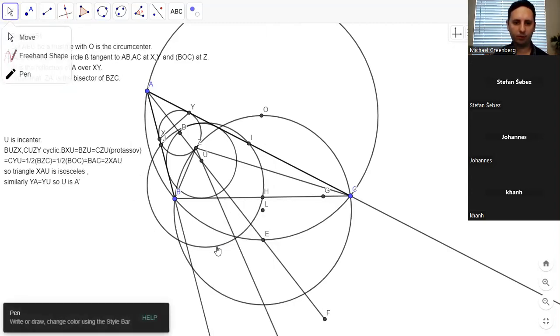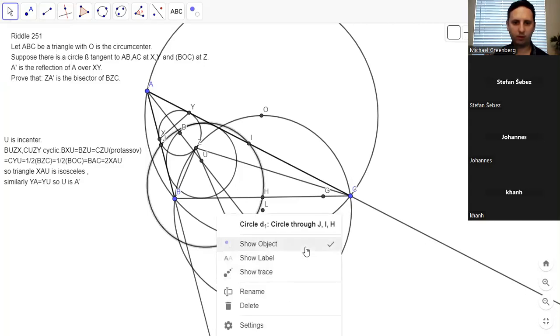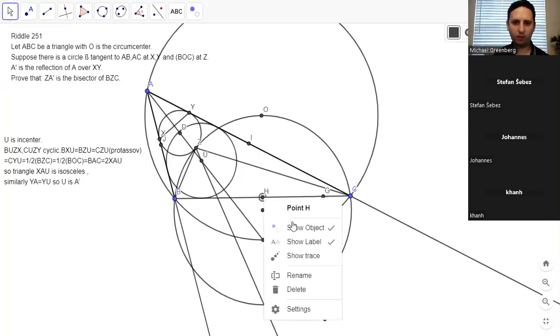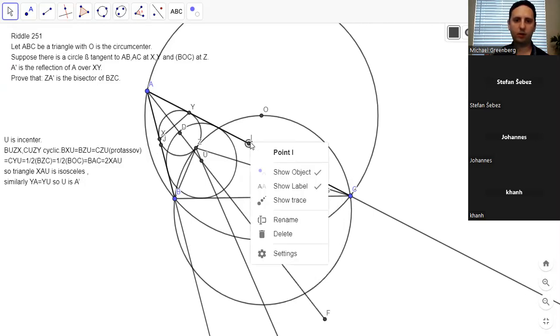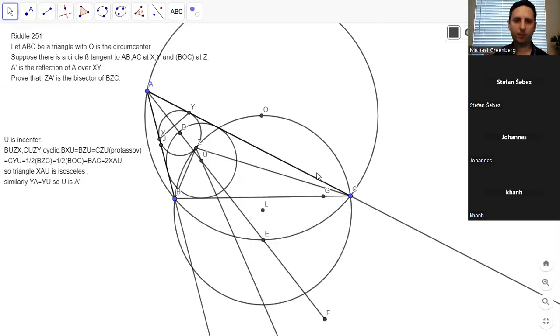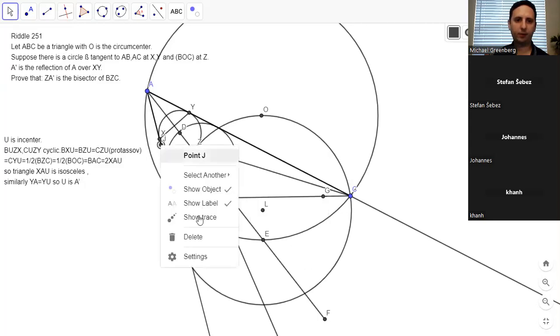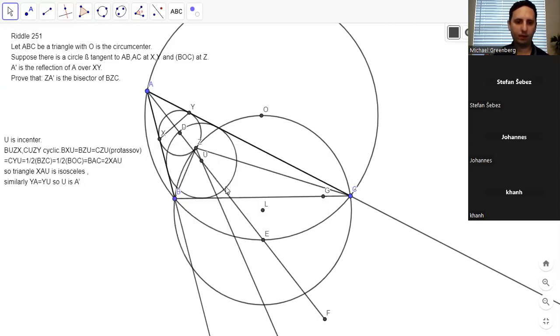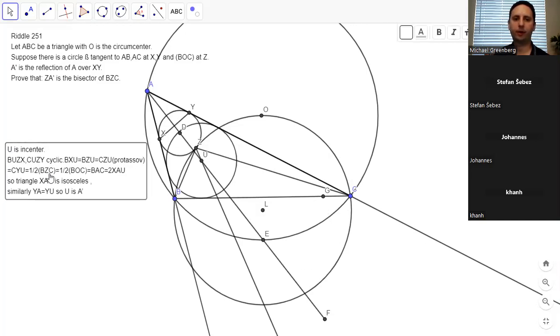Those circles are just used to construct a diagram. Interesting. That's still a really good fact to know. So to prove BUZX and CUZY are cyclic, we have to use Thibault's theorem, is what you're saying.